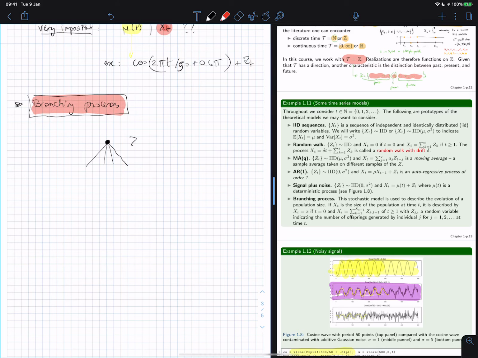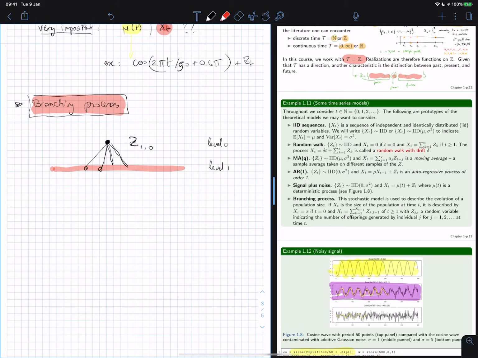So let's call this Z1 at level 0. They give a certain number of babies at level 1 of the population. So we have level 0, then we have level 1.